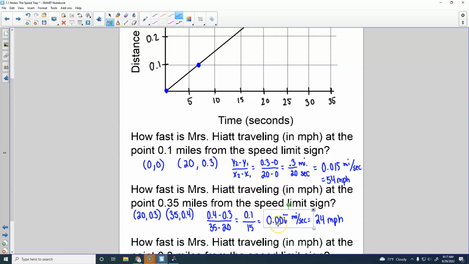You end up getting 0.006 miles per second, but then you gotta, I should write this down, 3,600 seconds equals 1 hour. So you got to multiply it by 3,600 there to get the miles per hour. Okay, questions on that part?